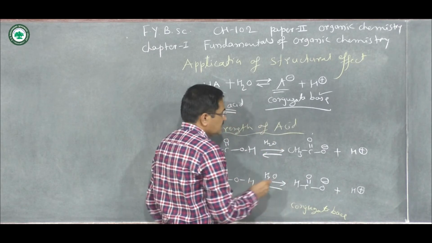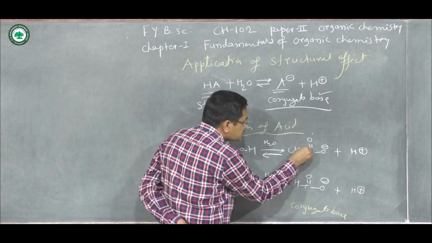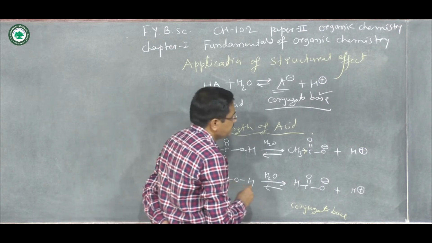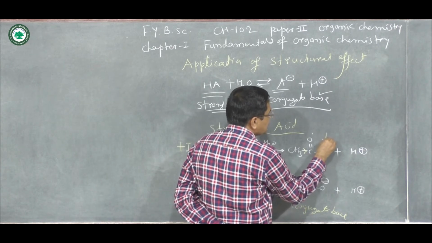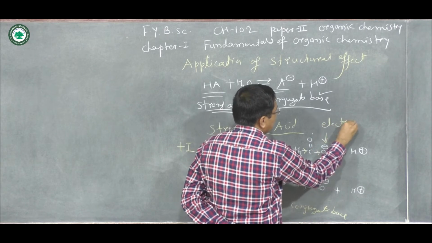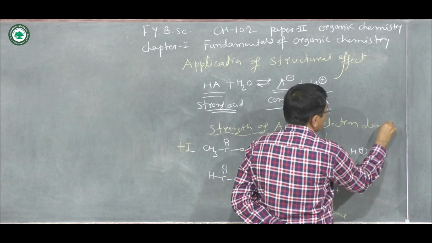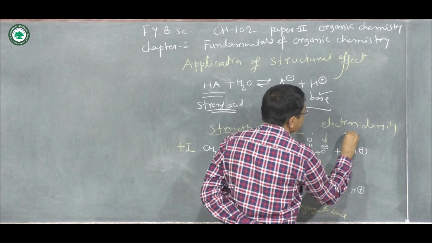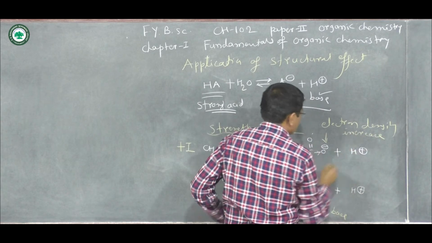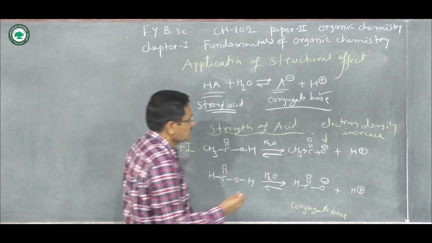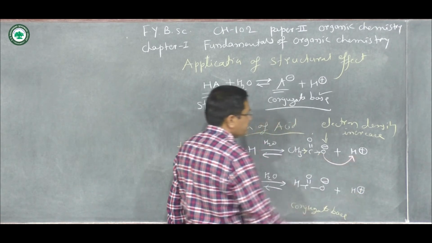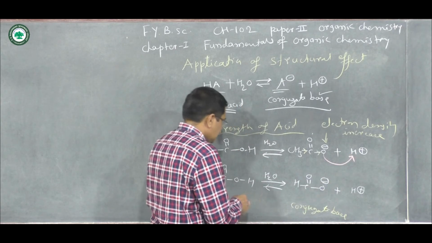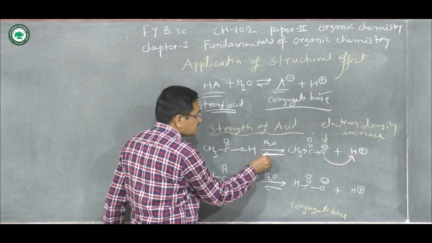Now what happened here? Due to this, CH3 shows the plus I effect, so the electron density on this oxide ion is increased, and this attacks this H plus and a reversible reaction takes place.